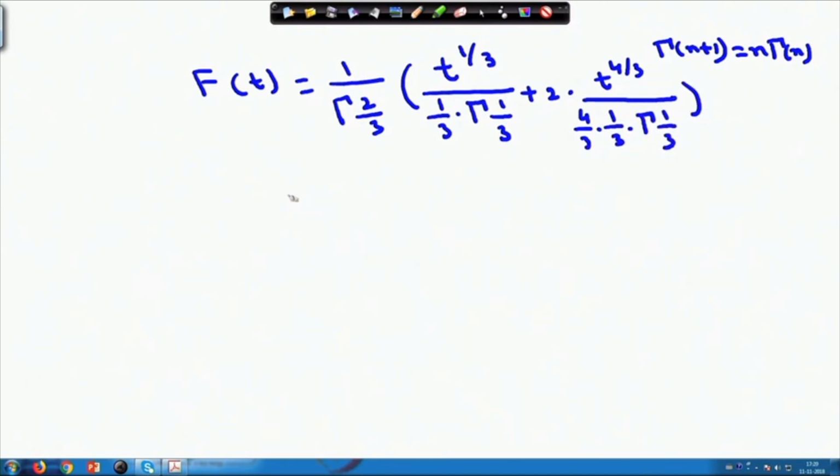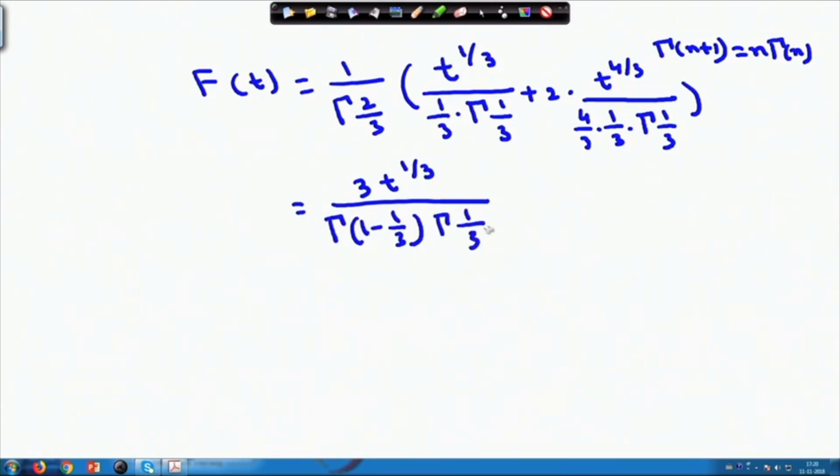So, this again if you simplify, it will become 3 into t to the power 1/3 by gamma 1 by 3 into 1 plus 3 by 2 into t.